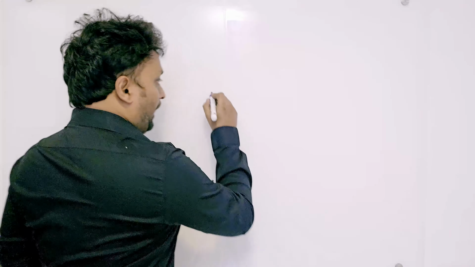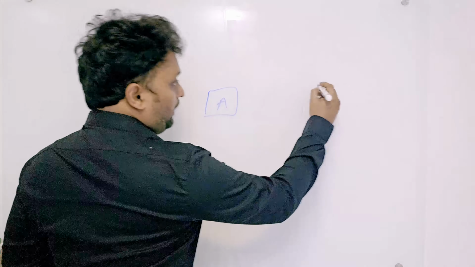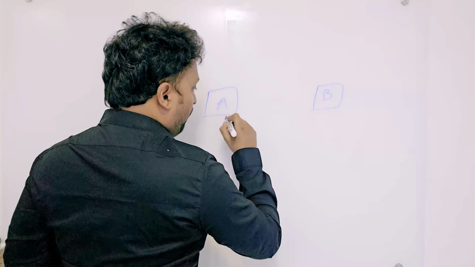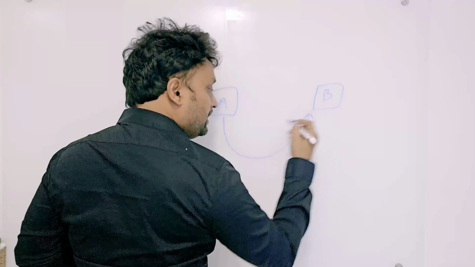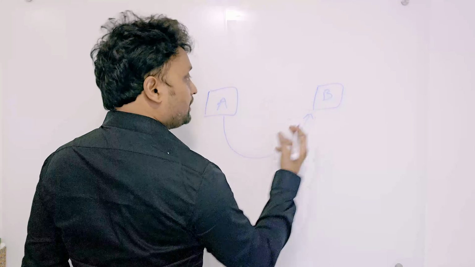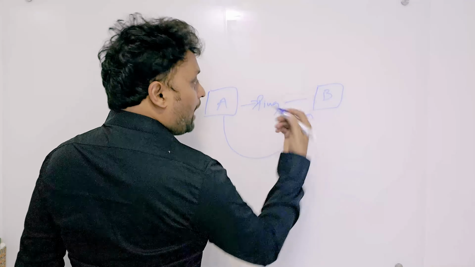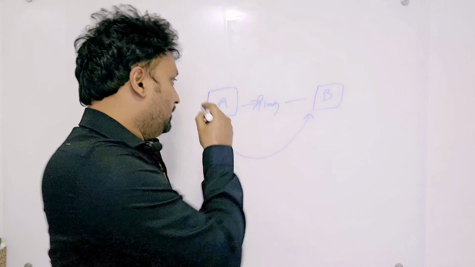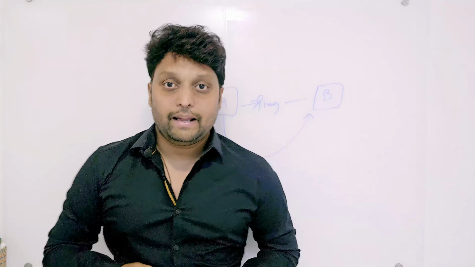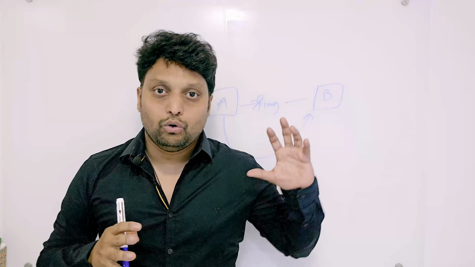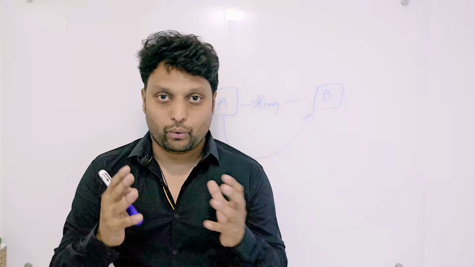For example, I have a machine A and somewhere I have machine B. If I want to see whether this machine is connectable, reachable, or available, I will do a ping. What happens when I do a ping is that from machine A, I will send 4 packets of data to machine B using an echo request.